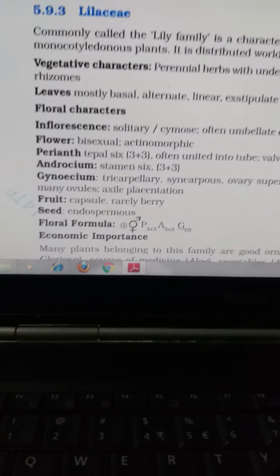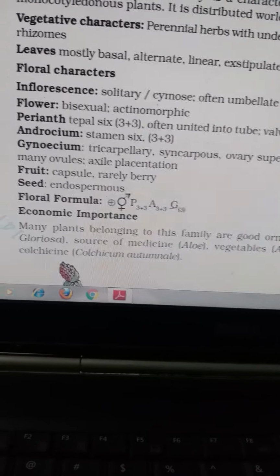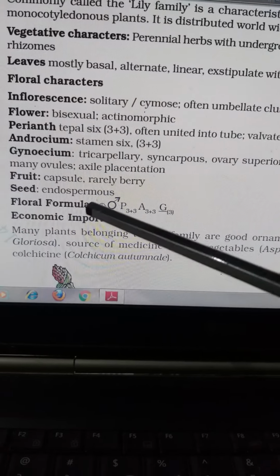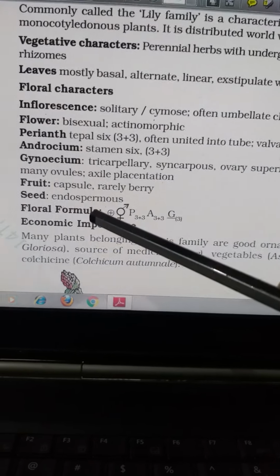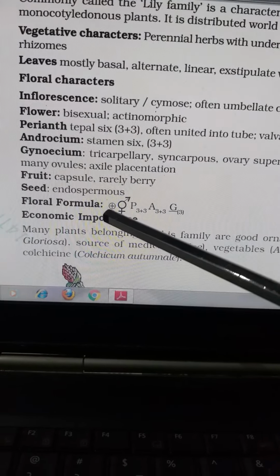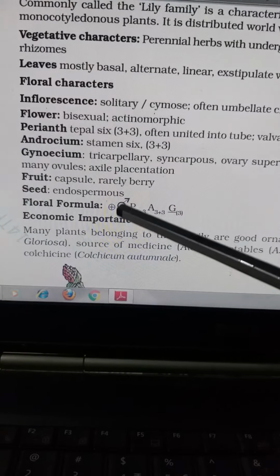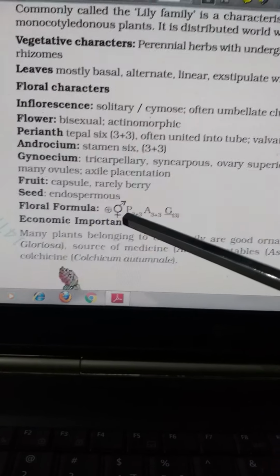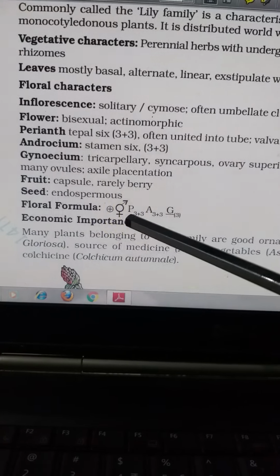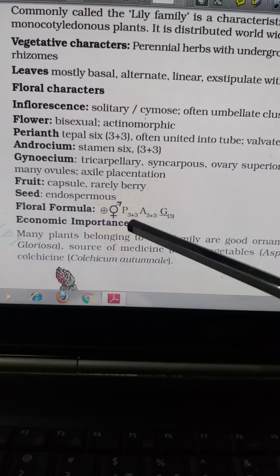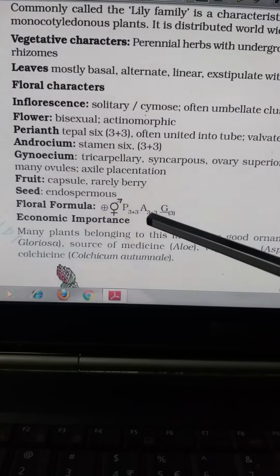Seeds are endospermous, and here again the floral formula is very important. Plus here with a circle indicates that the flower is actinomorphic, and again here the male and the female together, so this sign gives bisexual, and P for perianth, and it is 3 plus 3 because you cannot separate the calyx and the corolla. Again androecium is 3 plus 3 bundle.